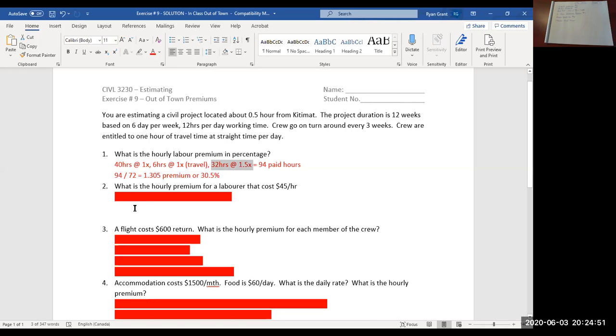So the next question, what is the hourly premium for a laborer that costs $45 an hour? How would you apply this premium to this labor cost?